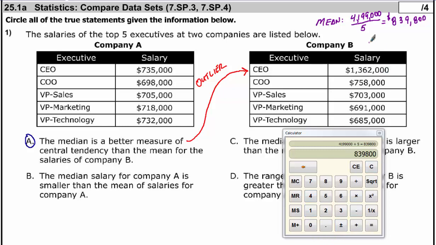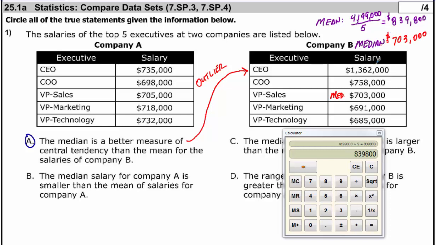Let's see what the median looks like for this company. The median salary, the one right in the middle, and it's nice they've put these in order, greatest to least, but it doesn't matter. The middle is already shown. Here's the median right here. For this group, the median is 703,000.